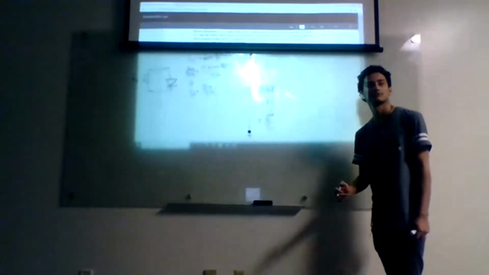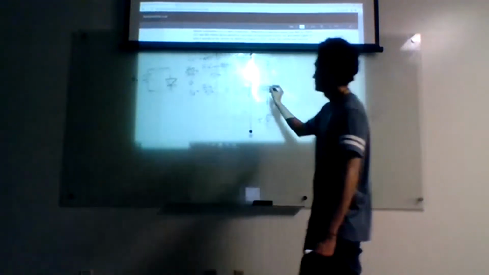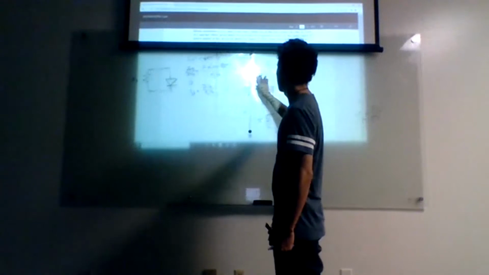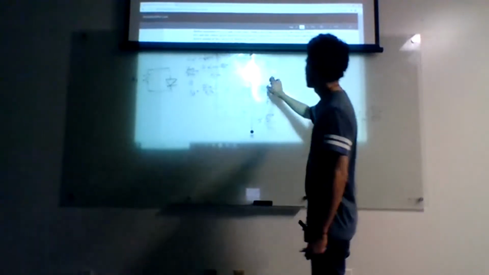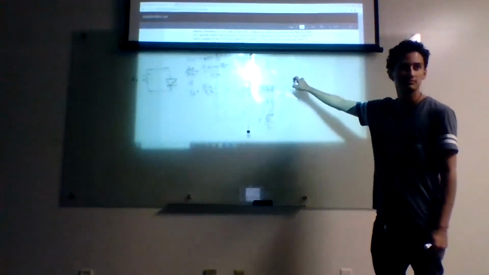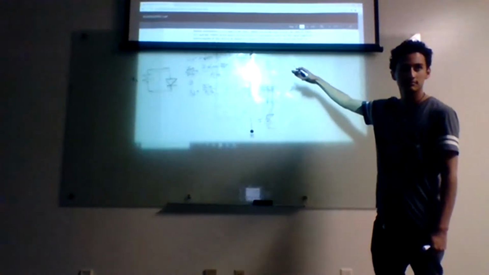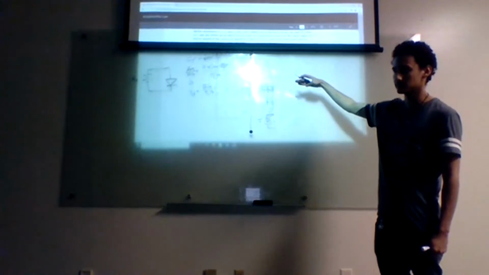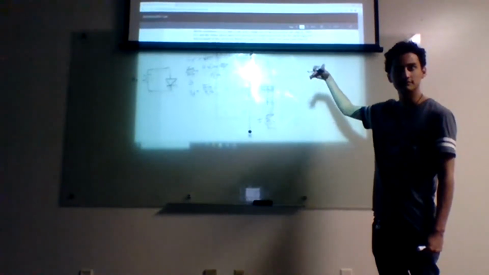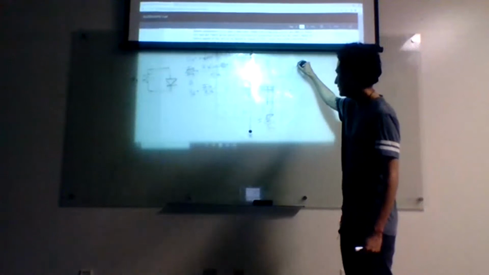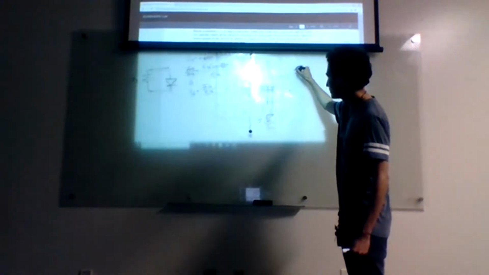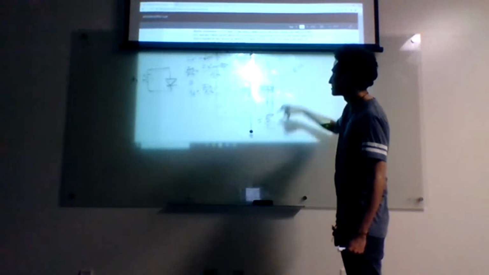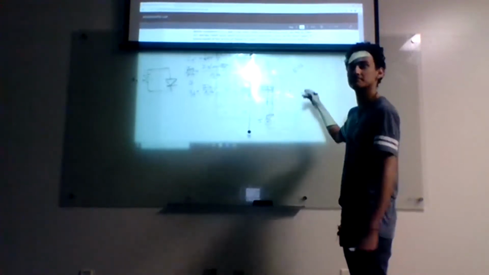Ideal current sources could supply the same amount of current no matter what voltage. But if you take the relationship between voltage and current for that, the slope of V over I, the output resistance of this would be infinite.